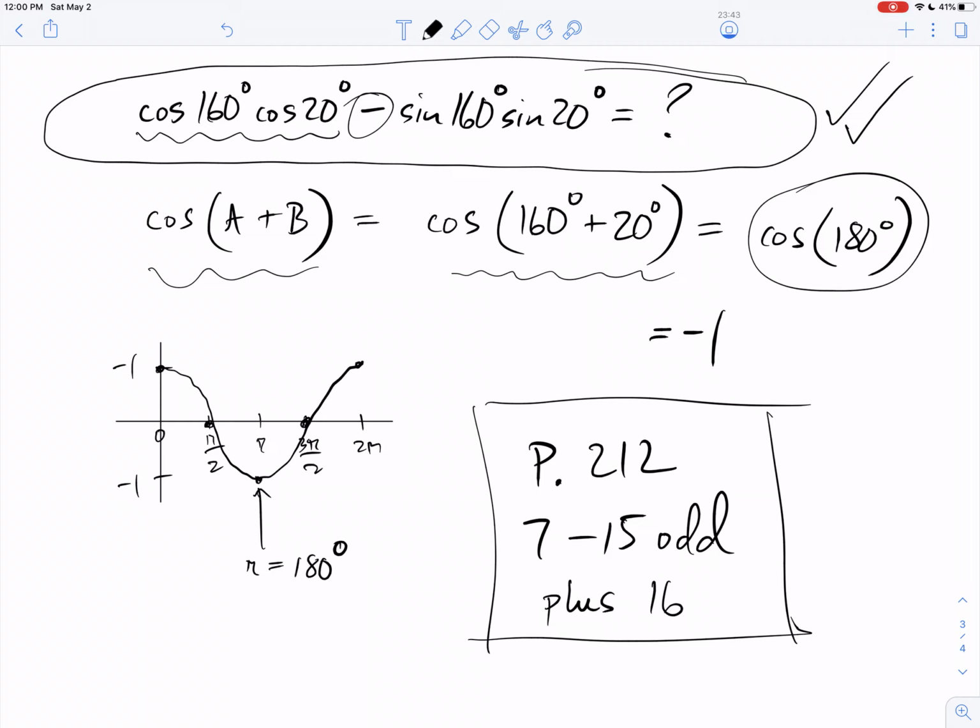So let me look. Oh, the answer to number 16. So answer to number 16, because you won't be able to check it, is -1. But that's as far as we're going to get on that section. It took me 24 minutes now just so you guys could do 5 questions.